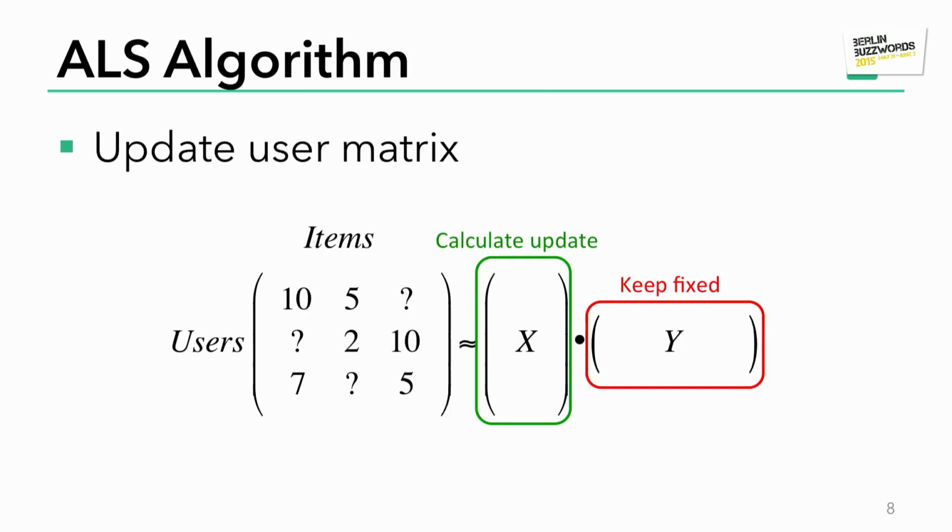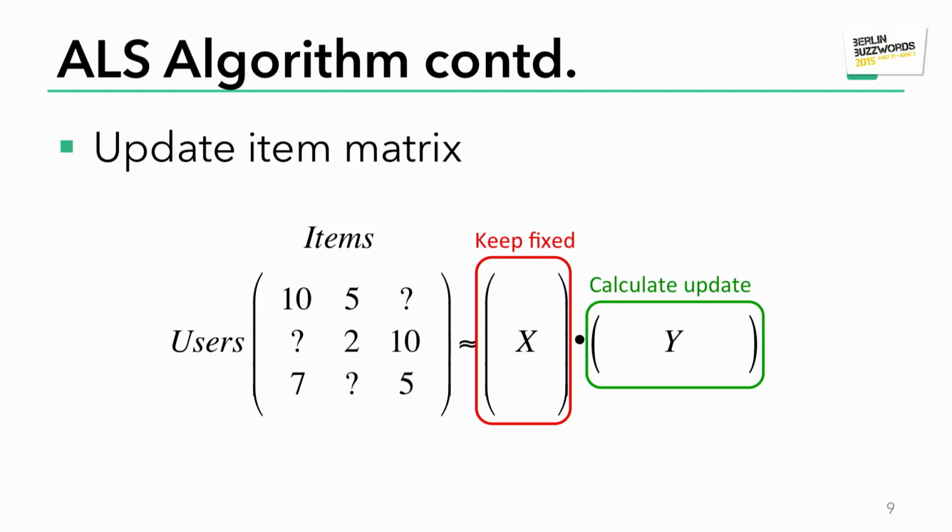OK, now we've seen how we can update the user vectors with respect to the item vectors, if they are fixed. So how can we finally end up with an overall solution of our optimization problem? That's quite simple. We first fix the item matrix Y, update the user matrix X, and use this value in the next half step to update the item matrix Y. And these 2 half steps give you what we call an ALS iteration step.